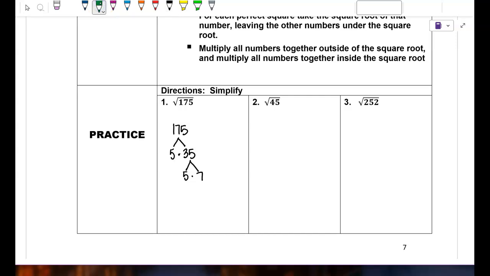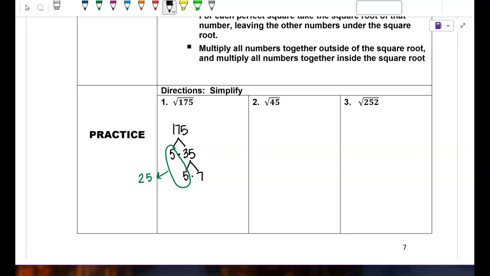So what it means by circle the numbers that repeat, so I have a 5 times 5. The value of 5 times 5 is 25. Is that a perfect square? Yeah, that's in my list. So 7 is prime. I can't break that down any further.